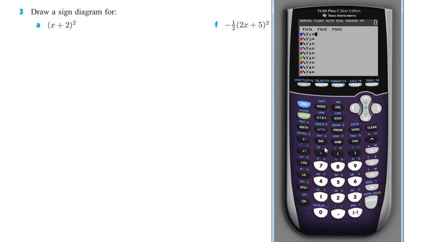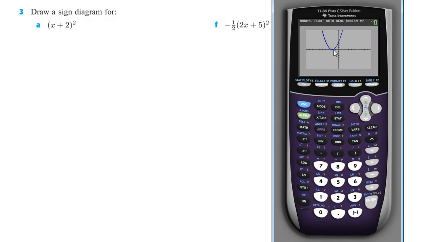So we've got parentheses x plus 2 squared. And then we're simply going to do zoom standard. It's always good right at the very beginning to do zoom standard, just to make sure it's all a 10 by 10 grid. Just makes it easier when we're graphing stuff.